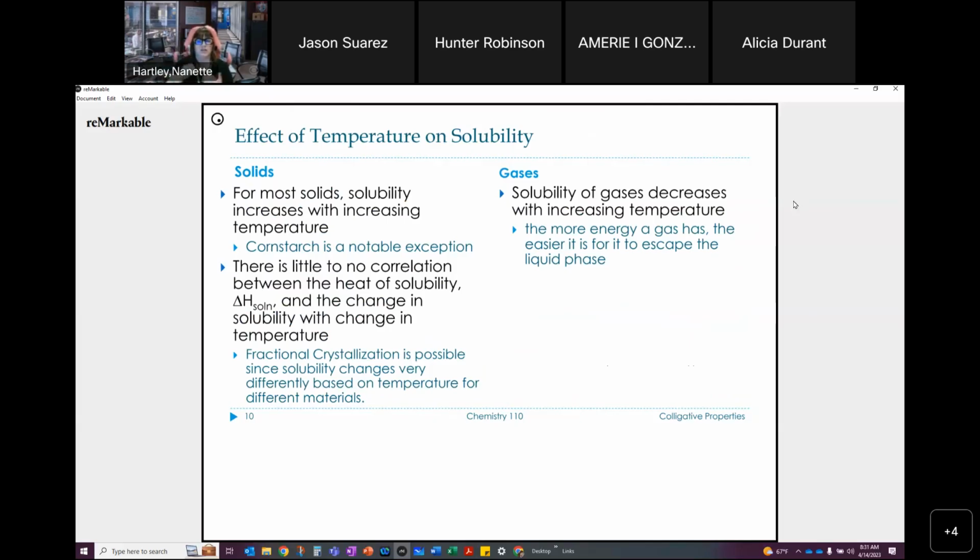So that's easier for it to get out of that liquid phase, and therefore we have less gas in solution. This is part of the reason that sodas are stored cold, because it keeps all of that CO2 in solution so that it's still carbonated when you open it to drink it. Notice that the carbonation goes down as the temperature goes up, and as it's open to the atmosphere, both of which lead to decreases in the solubility of that gas.